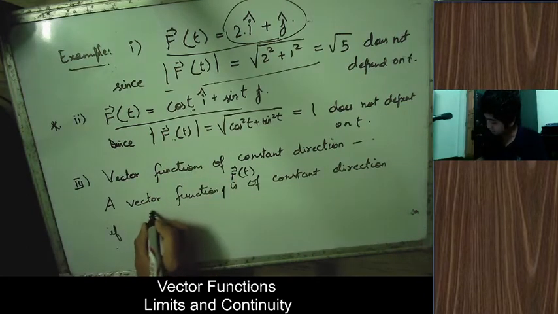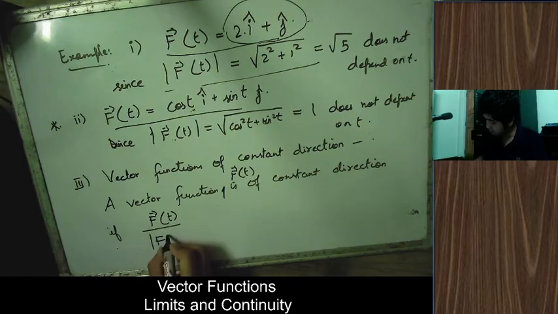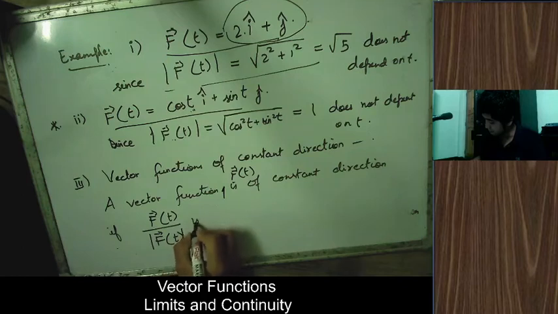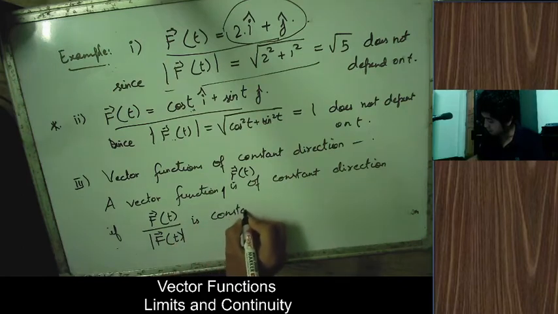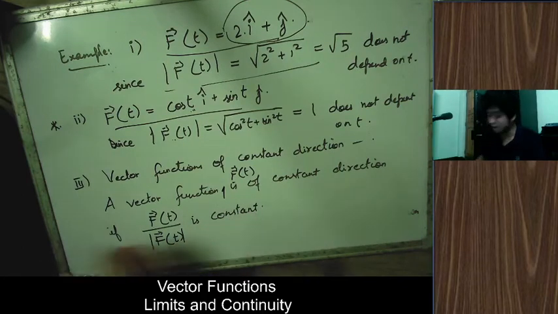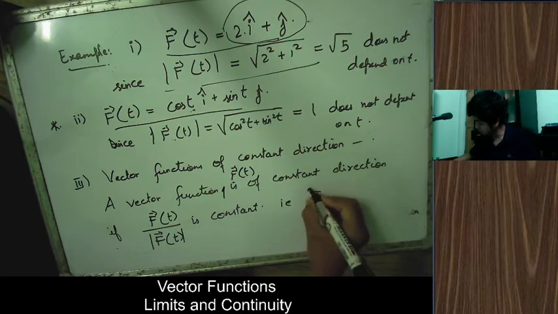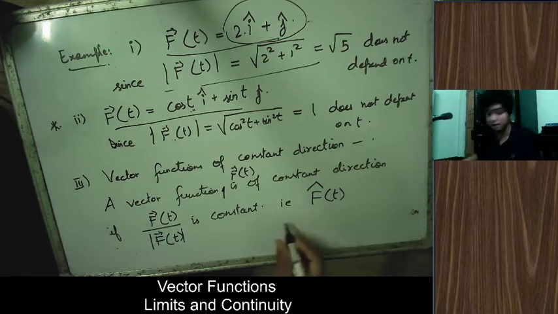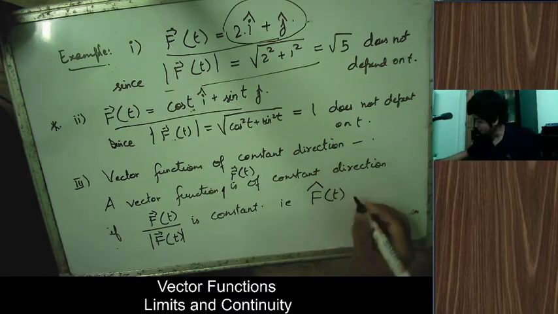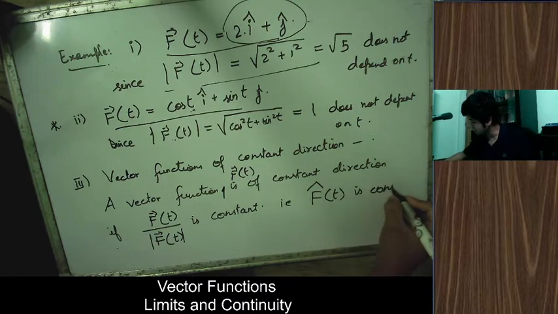So that's why we will be writing it like this. If this one is constant, that is, this vector can be denoted by this unit vector. That is, if the unit vector is constant.